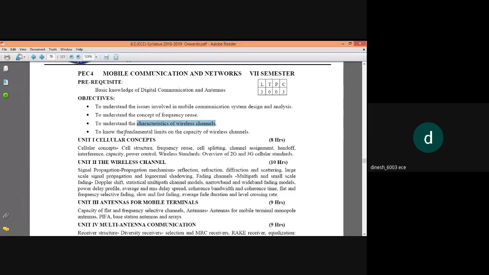Then the next objective to study this subject is the capacity of wireless channels. What are the fundamental concepts involved such that these wireless channels can accommodate?